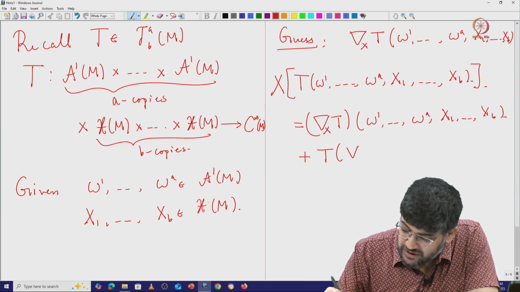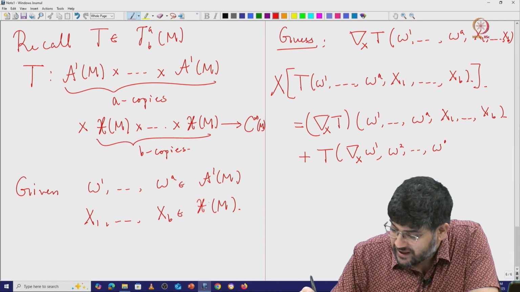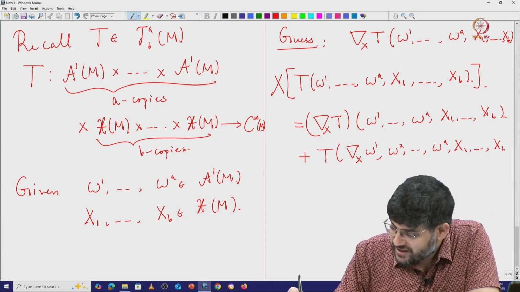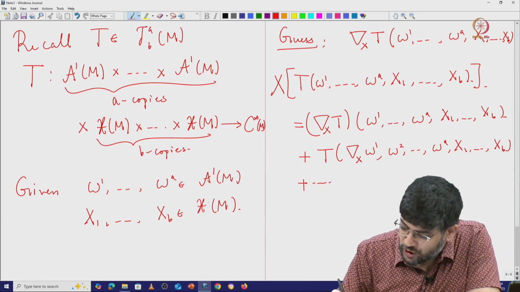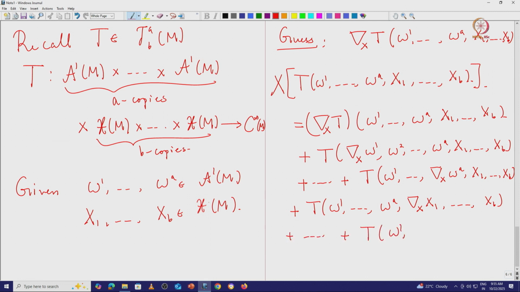Plus t applied to the derivative of omega 1 with respect to x, comma omega 2 up to omega a, x1 up to xb, all the way up to the covariant derivative of omega a, and then of course you also have to differentiate the vector field parts, dot dot dot etc. until the final term, which would be something like this.